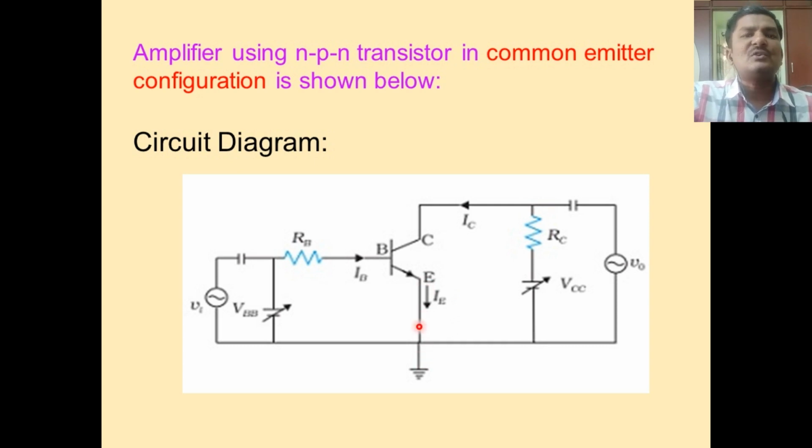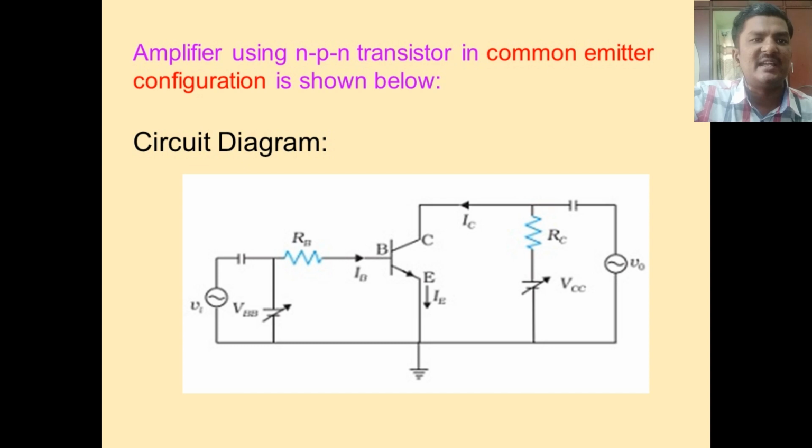The emitter base junction is in forward bias condition and collector junction is in reverse bias condition. The base is connected to a variable battery. In some of the books it is mentioned as EBB also.